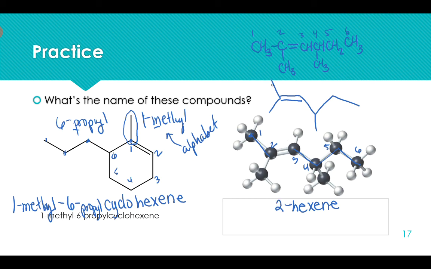Now, where are my substituents? I have a substituent there, and they're both methyls. So that is a dimethyl on carbon 2 and carbon 4. So that's 2,4-dimethyl-2-hexene.